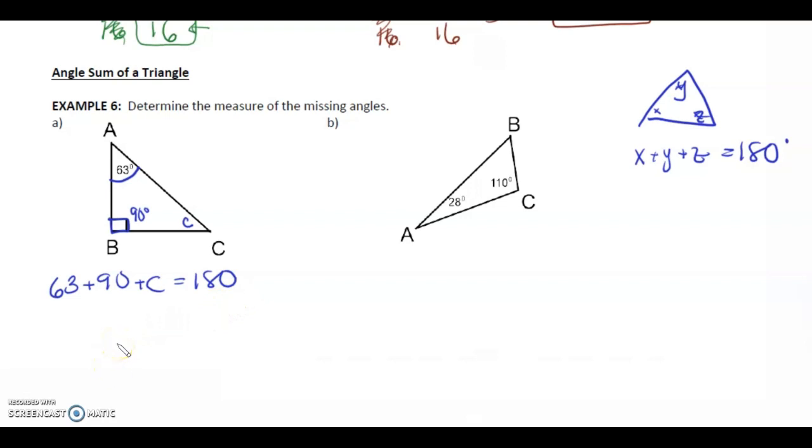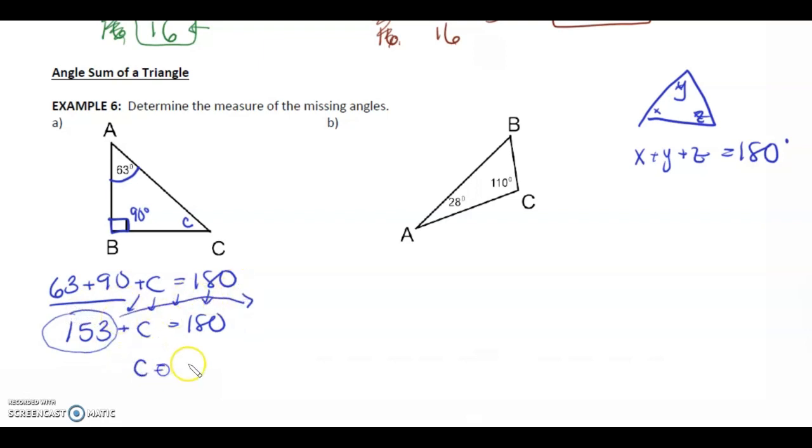So if you go into your calculator and you put 63 plus 90, we're going to get 153 plus c equals 180. Remember, this plus sign, this c, this is all just flowing down our page, okay? And we're going to take our 153, we're going to move it to the other side, and we're going to get c equals 180, but the 153 changes to negative 153. Okay, so that angle is actually 27 degrees.